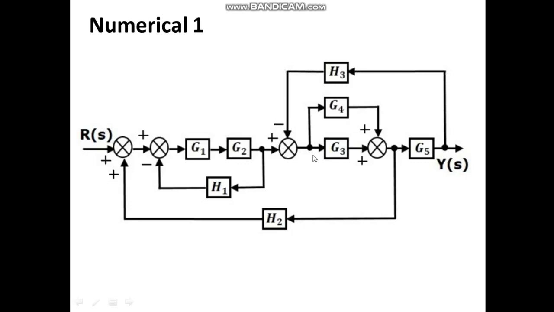And now G4 is not a feedback, it is a block or transfer function which is connected in the forward line, because if you see the flow of signal which has been taken from this point, it is flowing from left side to right side and it is connected to the summing point. So G4 will be considered as a block connected in the forward line in parallel with G3.